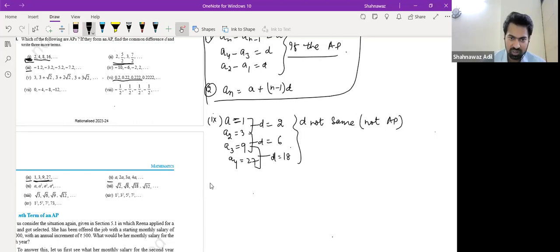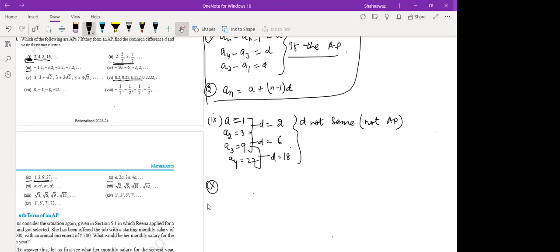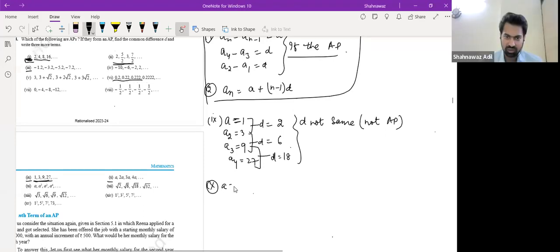So this is Rizwan's term. What is A here, Rizwan? A is A. And A2 is 2A, A3 is 3A, A4 is 4A. So how much would be d?